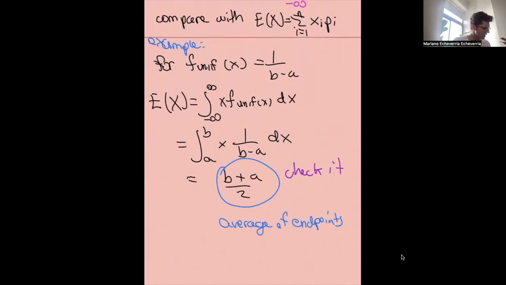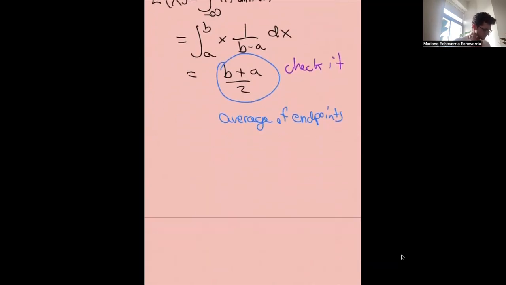You could also try it for the one that we just did. I just tried to find in the book the name that they gave to this one. I think it was called the exponential random variable with parameter lambda. It's actually done in the book anyway, but you can double check it if you want.